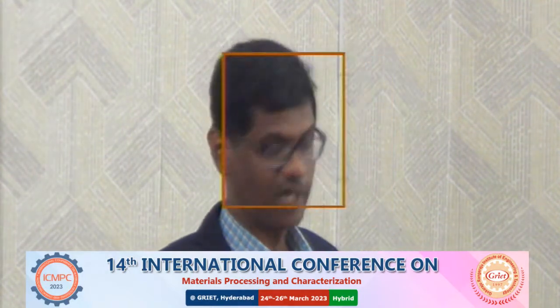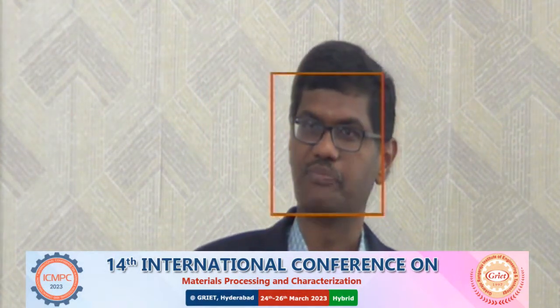Now, the content for today's presentation: I will give you a brief introduction on how the strain is measured in sheet metal forming applications. After that, the hardware that we developed for capturing the images will be discussed. After that, there are two methods we use for strain measurement, circle grid analysis and square grid analysis. The software that we developed, I will briefly show you.